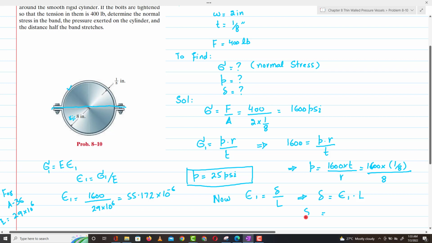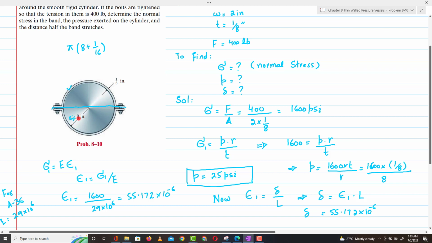Epsilon 1 is equal to 55.172 into 10 to the power minus 6, and the length of this half segment will be equal to pi into 8 plus this thickness, because half is pi r.